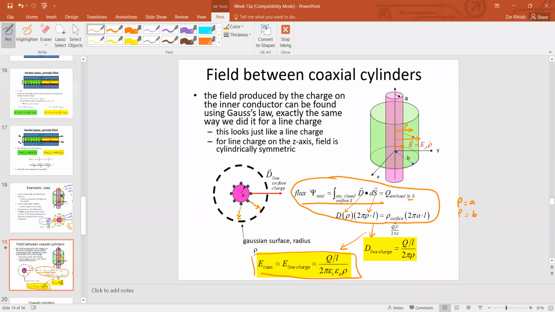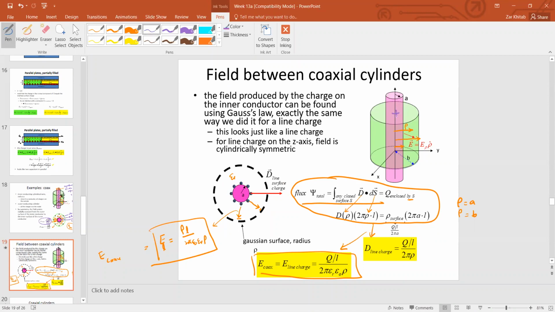This electric field is equal to rho L divided by 2 pi epsilon naught epsilon r rho. This equation, by the way, is already known to us. This is E of a line charge, and it's also the equation of electric field intensity for the coaxial cable.